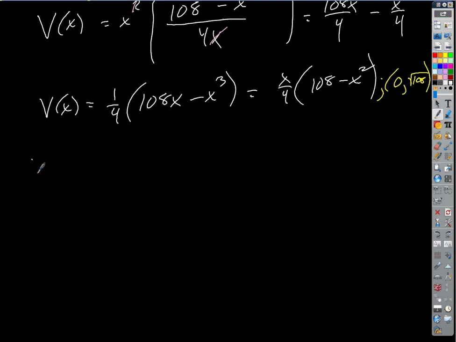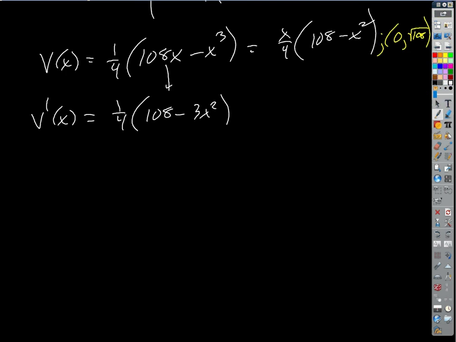So v prime is what? I can leave my 1/4 out front. What am I getting? What's the derivative of 108x? 108. Derivative of x cubed? There you go. Okay. And I could factor another 3 out of that, couldn't I?